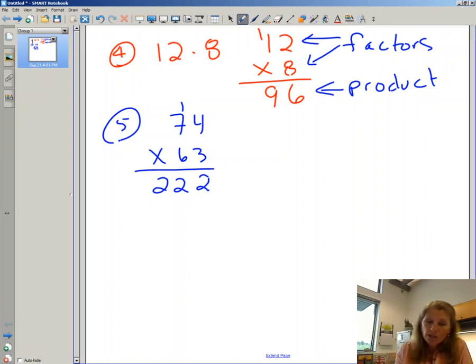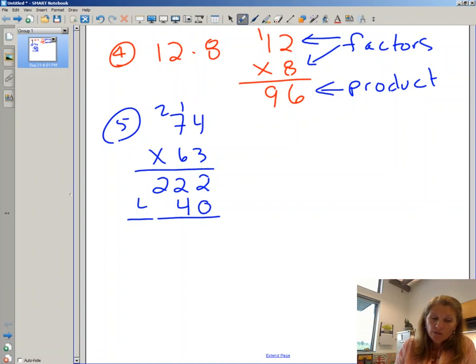So I'm going to put that 0 in right there, and that's going to shove everything over. Now I just multiply like it's 6, even though really it was 60. That's why I put the 0 there. 4 times 6 is 24, carry the 2, and 6 times 7 is 42, plus 2 is 44.